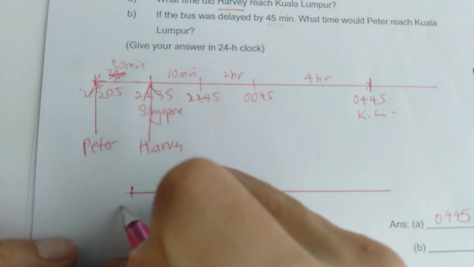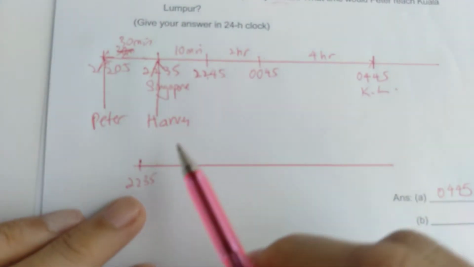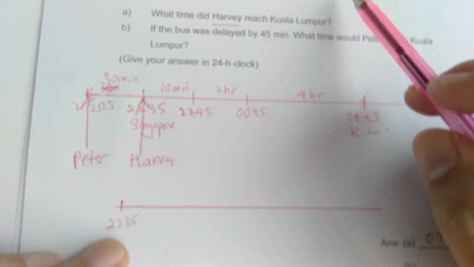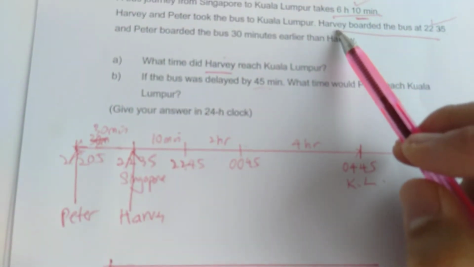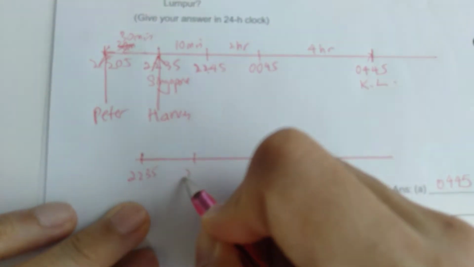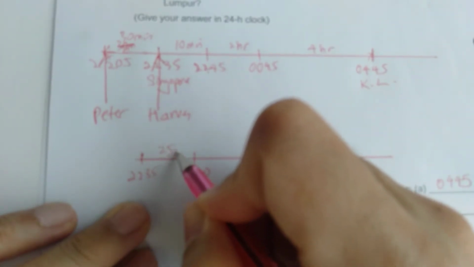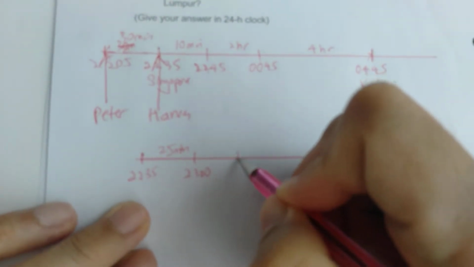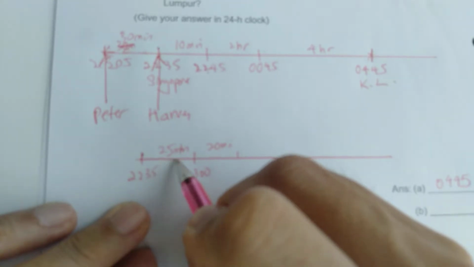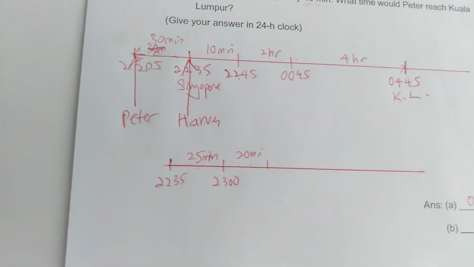Okay? So let's start. So if this is the time that the bus is supposed to leave, because we assume the bus left immediately after Harvey boarded the bus, I add 45. So to the next 1 hour, this will be 25 minutes. I add another 20 minutes to make 45 minutes.